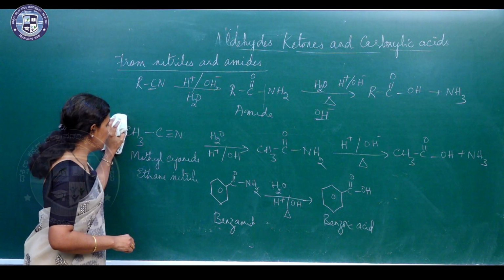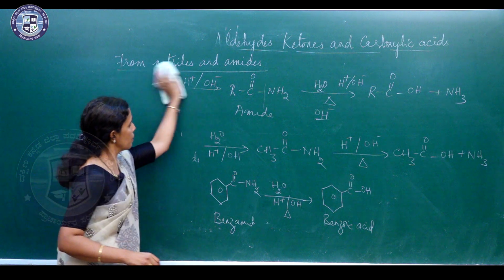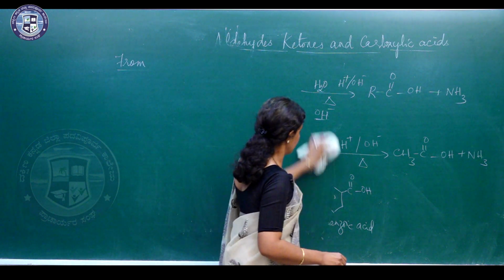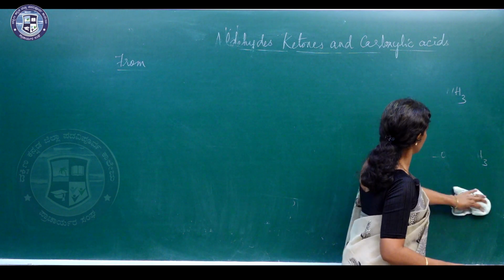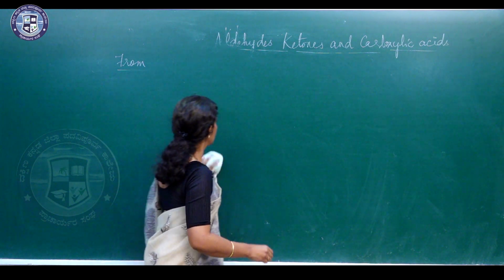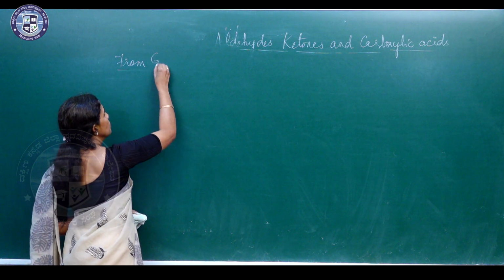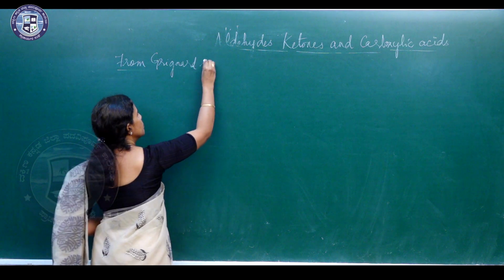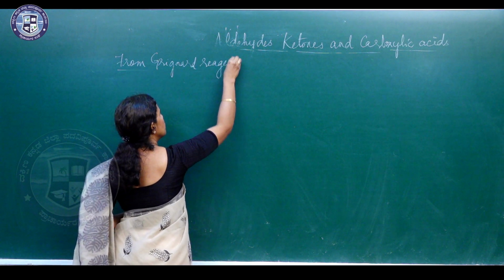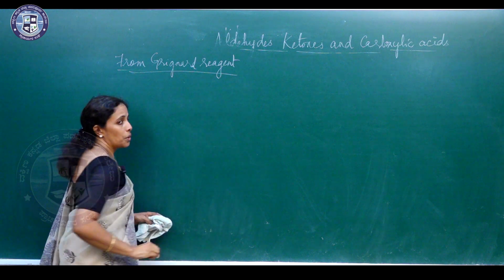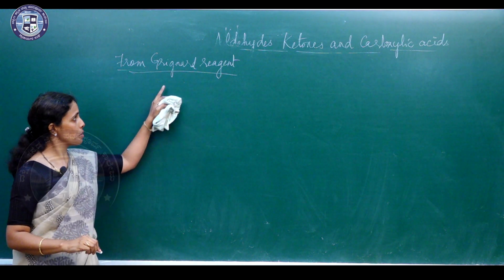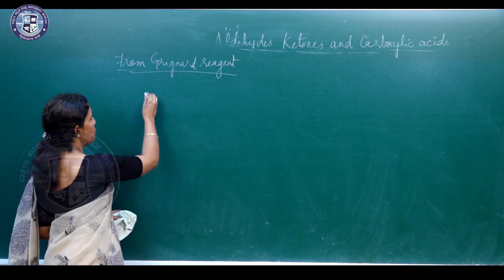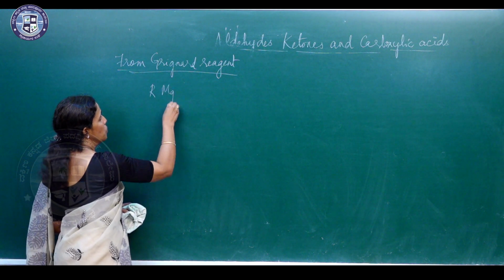So, the next method is from Grignard reagent. You are all familiar with Grignard reagent, so you know what it is. It is alkyl magnesium halide and the general representation is RMgX.